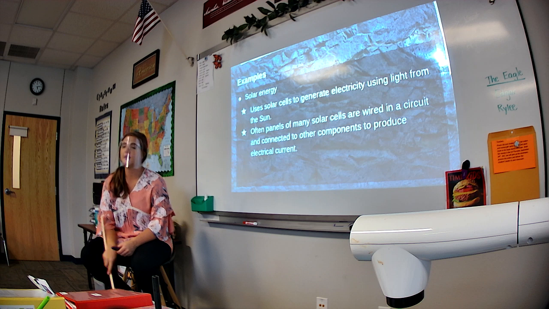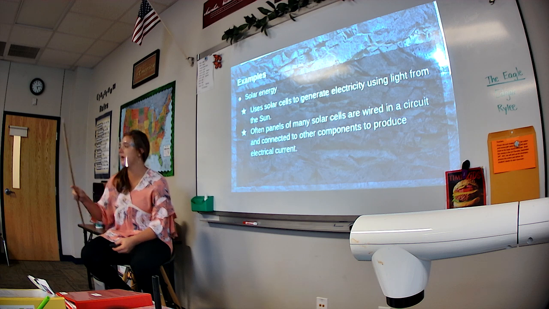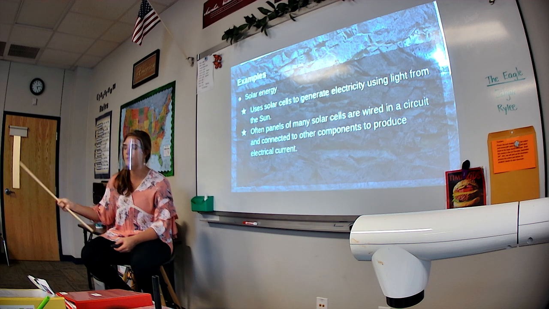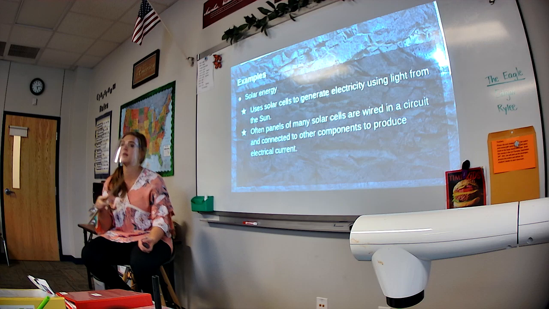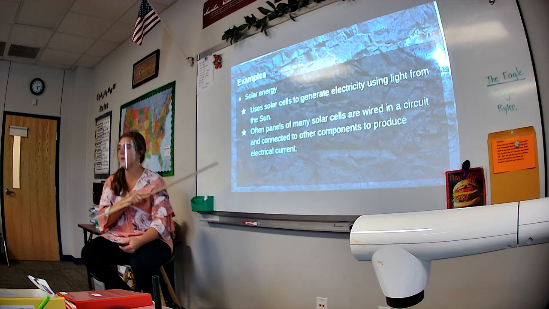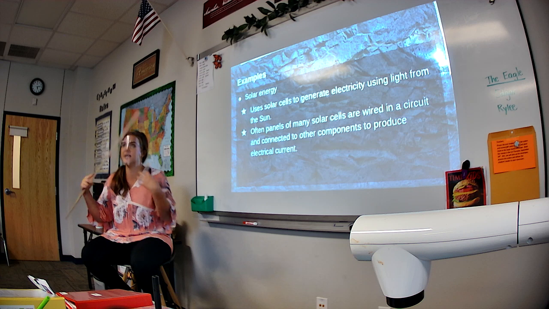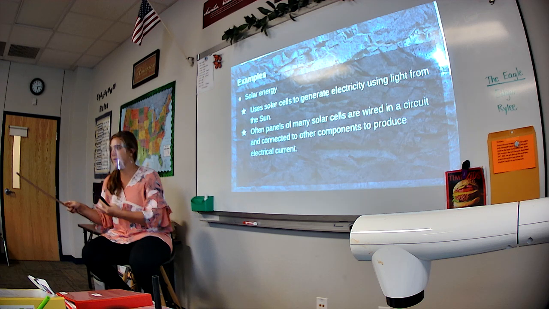Not because it's absorbing sunlight at nighttime, but because during the day it has absorbed enough and stored some up for later. Okay? Now, if nighttime were too long and it ran out of power, it might shut off before the morning. Okay? But those solar panels can take in energy as well as absorb it and store it for later.